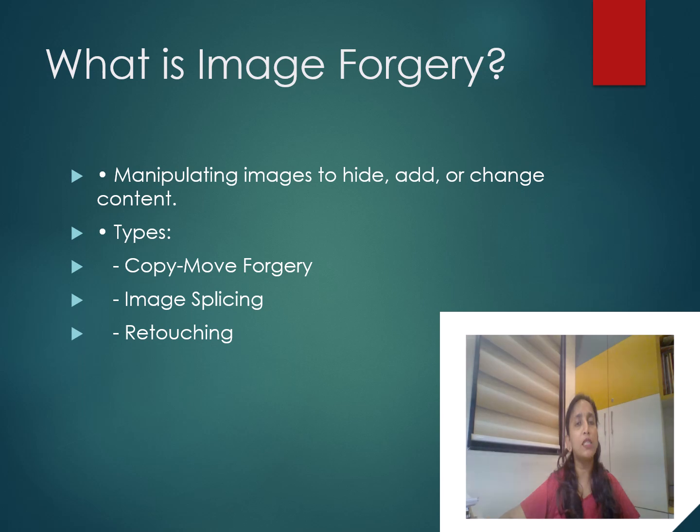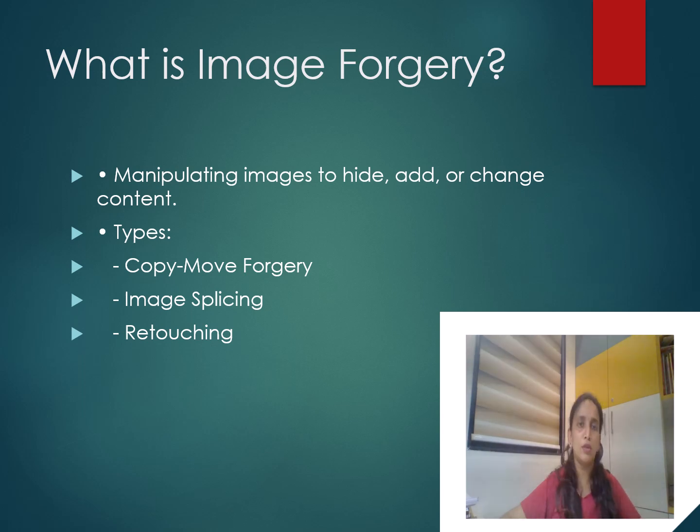The second one is image splicing, that is, combining parts from two or more images to make one fake image. For instance, placing someone's face onto another person's body. The third is retouching. Retouching is adjusting the colors, the brightness, or removing imperfections, often used in media or advertising. These changes can be very subtle, making it hard for the human eye to notice.